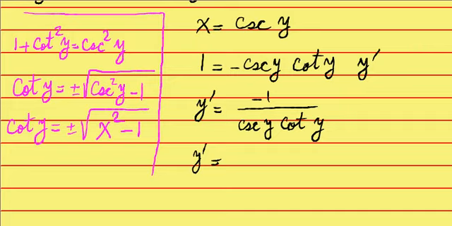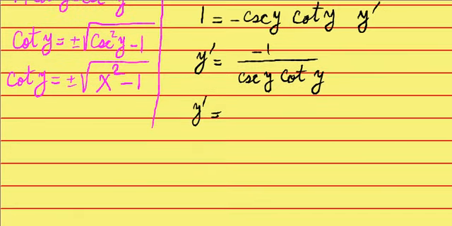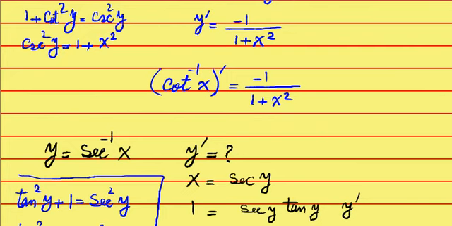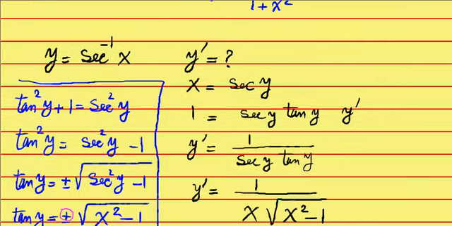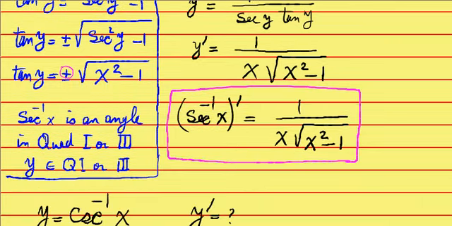And a similar debate exists here as well, and let me go ahead and explain it. So here y being cosecant inverse of x, we are going to define the angle y to be in quadrant 1 or 3 again.